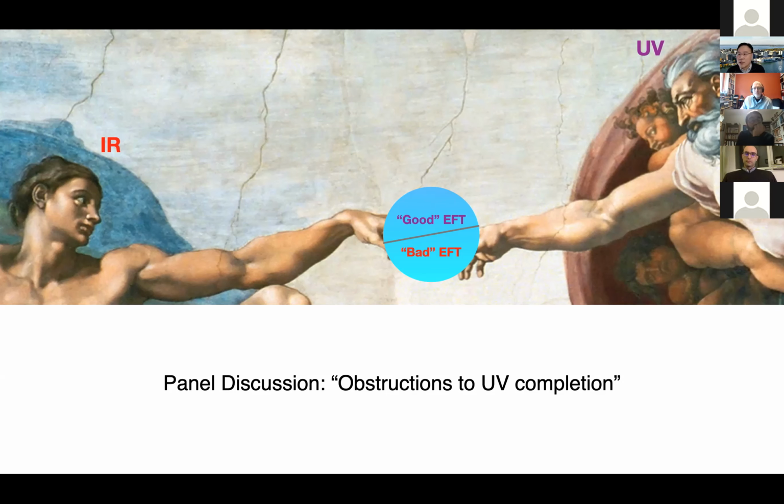One can question whether we still have good control of the EFT and whether the corrections that we unavoidably have to neglect are indeed quantifiably small. So you could argue where to draw the line and whether the boundaries between the good EFTs and the bad ones are sharply defined, but I hope the existence of obstructions to UV completing certain theories is not by itself a very controversial statement.